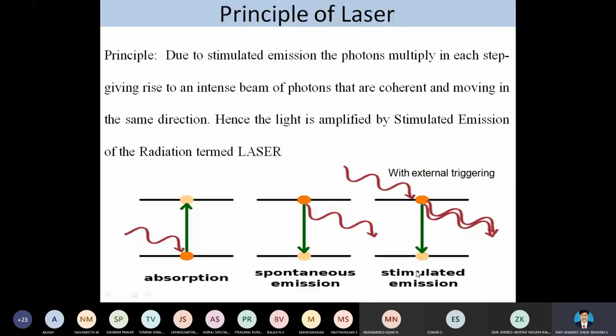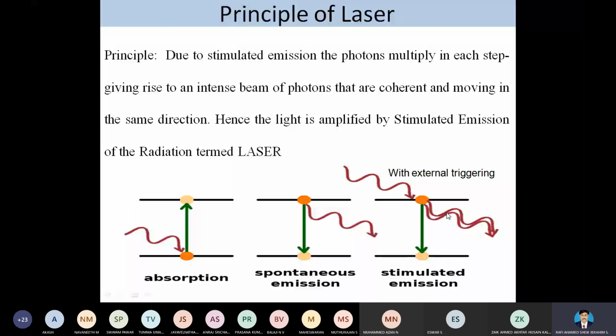We have to see the location of the atom. The atom is located in the higher state. When the atom from the higher state jumps to the ground state with external triggering, with additional energy, with inducement, then the process is called stimulated emission.